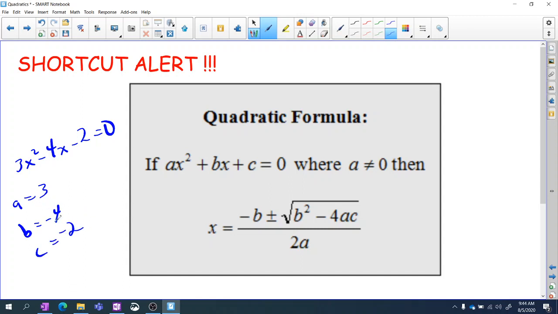And I would take those three numbers and fill them in this formula wherever there's an A, B, and C. So A goes here and here, I'd fill in the number 3. B is -4, I'd fill in -4 there, and C is -2, I would fill in -2 there. And that would give me my solutions.